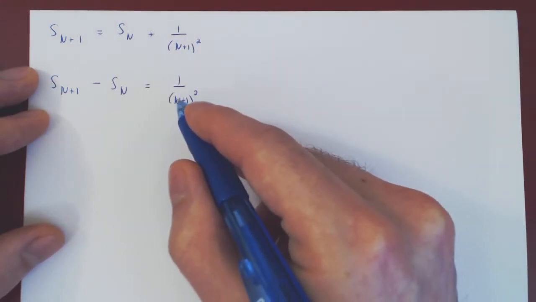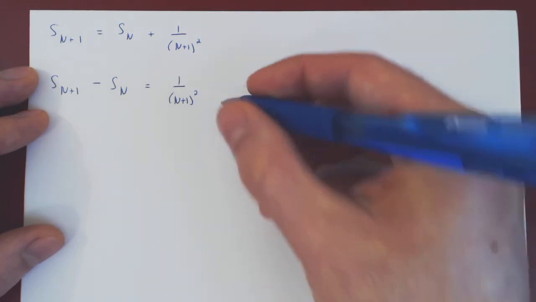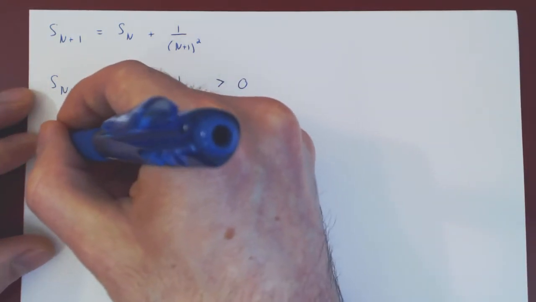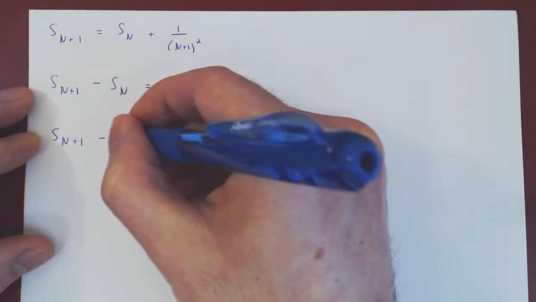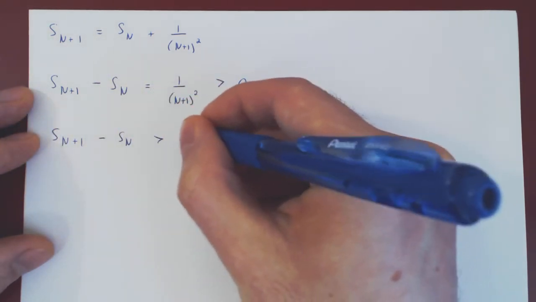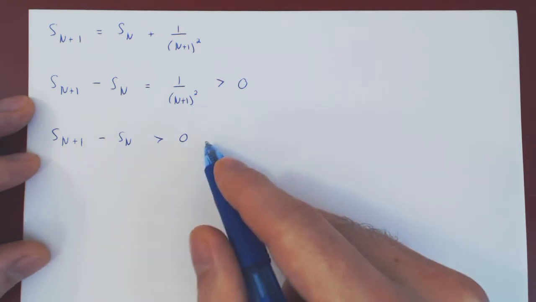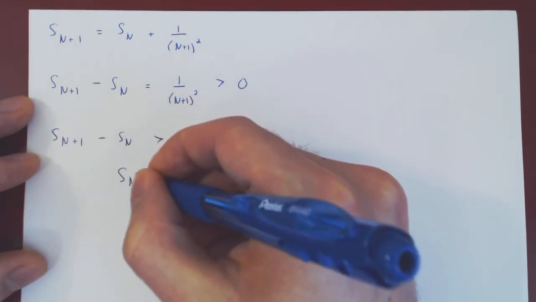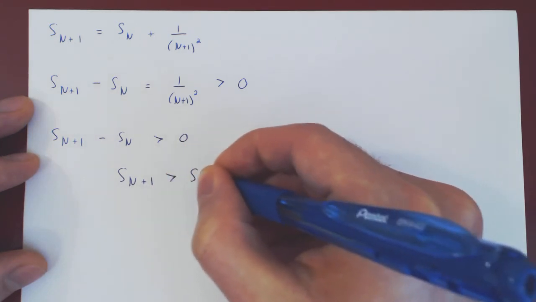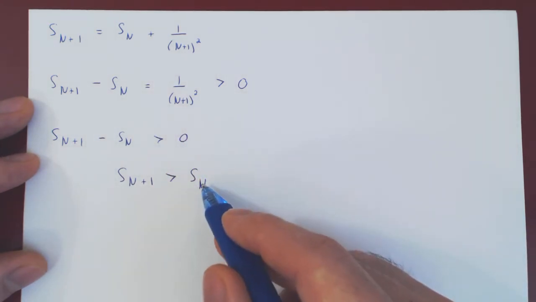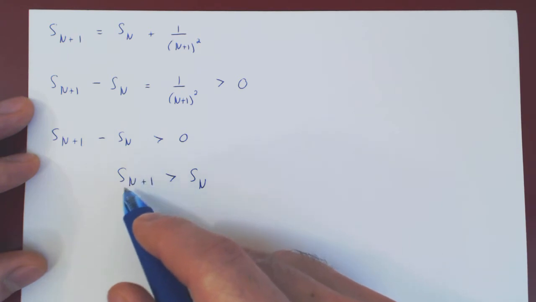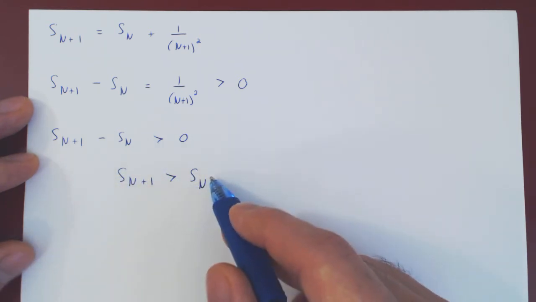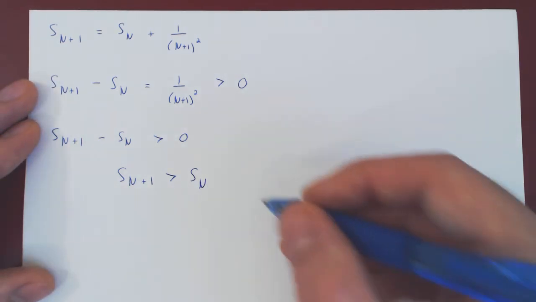As n is a positive integer, this will be strictly positive, so it's strictly larger than 0. So Sn plus 1 minus Sn is strictly larger than 0. Add Sn on both sides, therefore Sn plus 1 is strictly larger than Sn. So if you move one step further in the sequence, the next term is strictly bigger than the previous term. Therefore, the sequence is increasing.